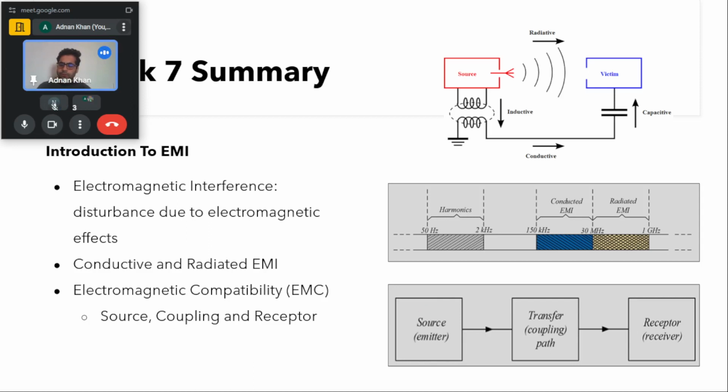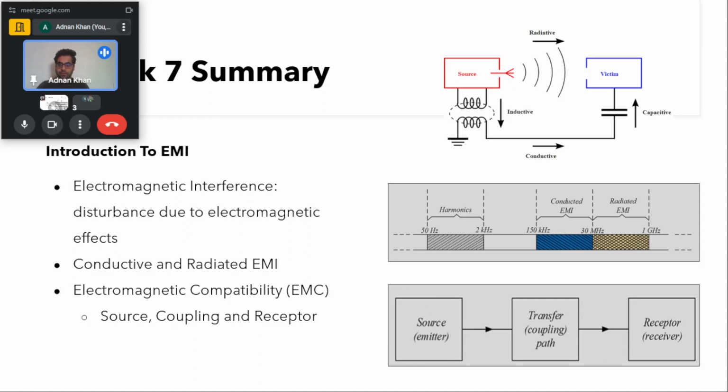So we can limit this EMI at three places. One is at the source, where we want to attenuate the EMI at the source itself. We want a source that is not able to produce this EMI.